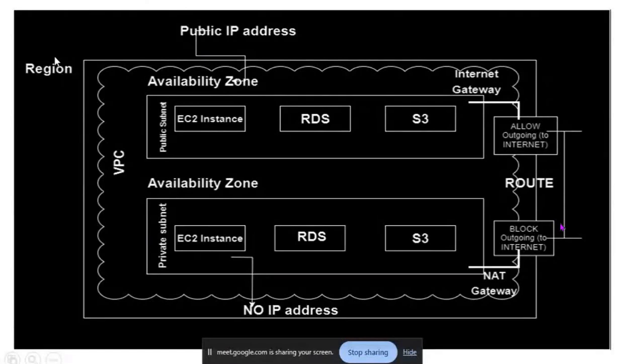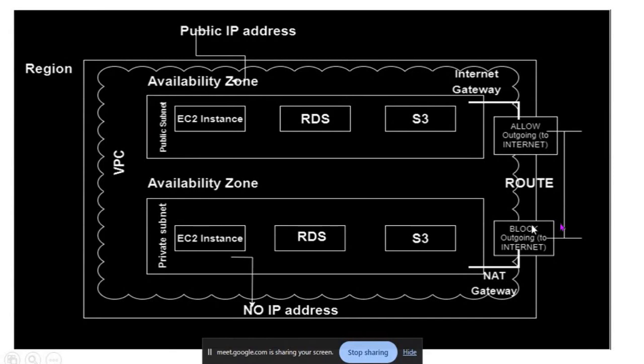Then here I wrote the route on this side. For the public subnet, that's where we use the internet gateway. And for the private subnet, we have the NAT gateway there. So in the public subnet, the route allows outgoing, that means you are able to connect to the internet.